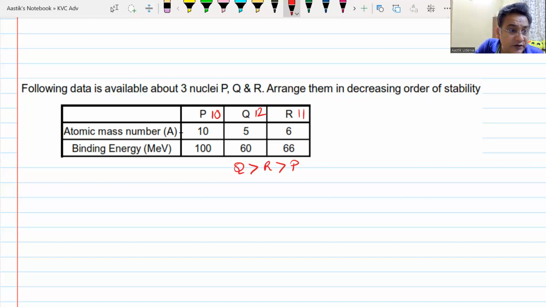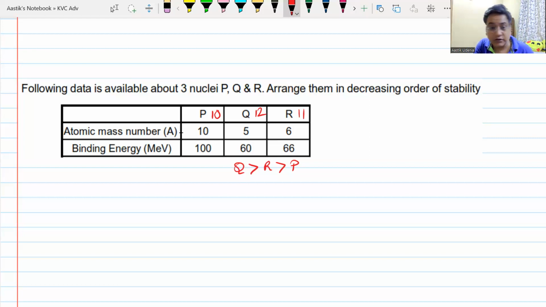Have you heard the term nuclear reaction or nuclear collision? What do you mean by nuclear reaction or nuclear collision?